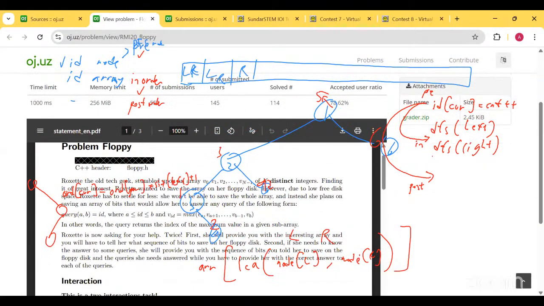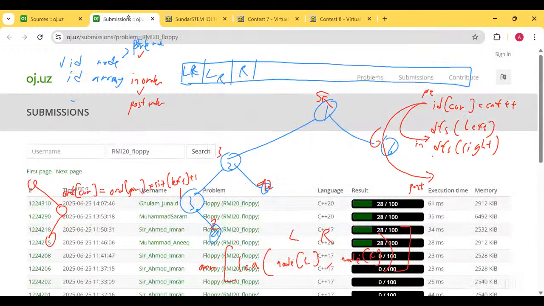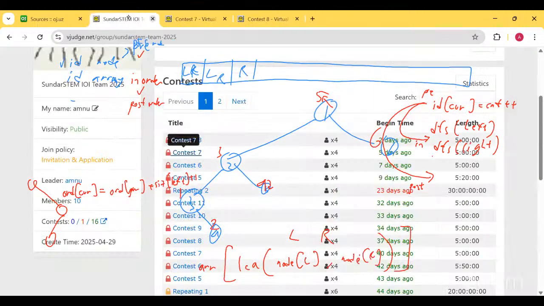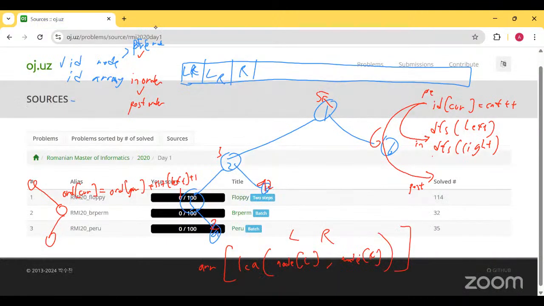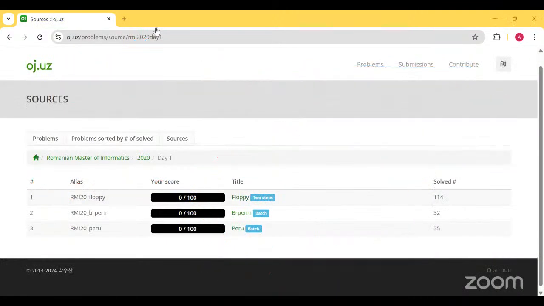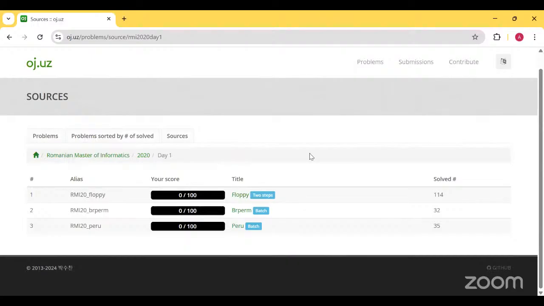There is no, so there is one problem left. So we have 3 consecutive contests where the first problem uses a Cartesian tree, right? I hope there will be no Cartesian tree in the next contest.